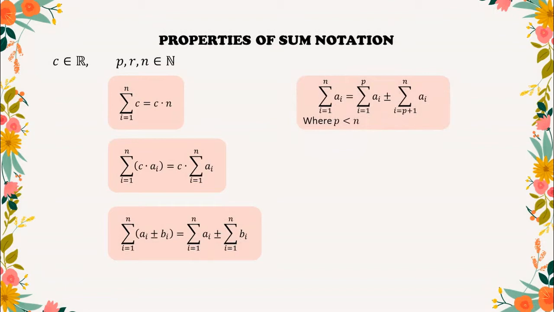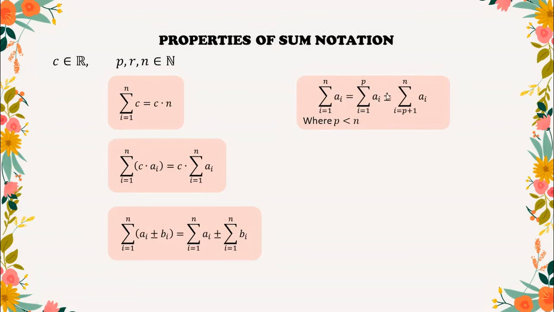Okay, let's say in the number 4, you have the sum notation i equals 1 until n of a_i, and you want to separate them into two parts.